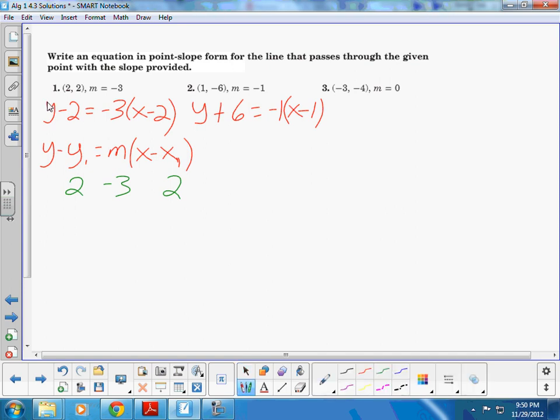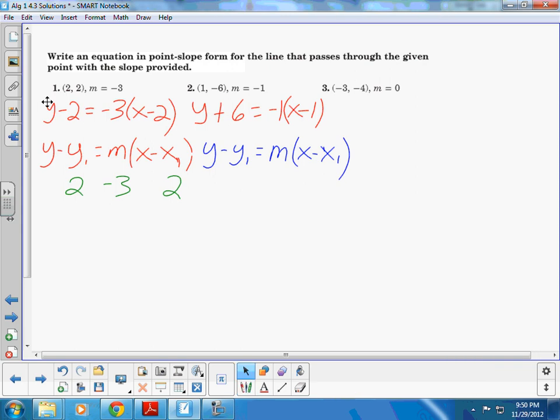Well, again, we have y minus y1 equaling m times x minus x1. y1 is a negative 6.